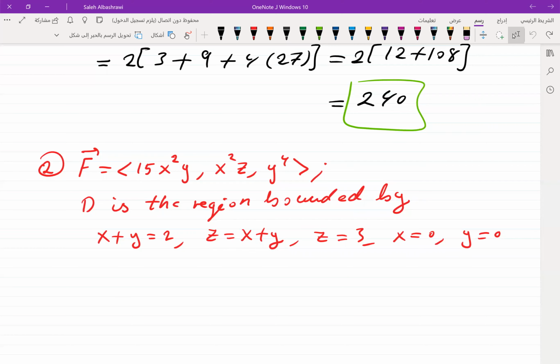So let's find the flux for this vector function, and D is given by this region bounded by these planes.